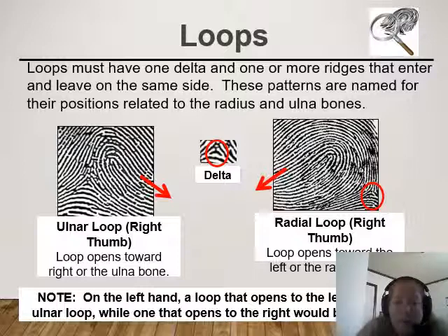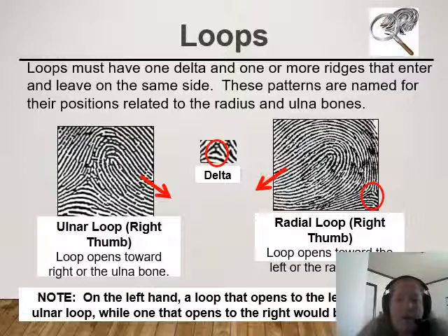So here you see in the middle what a delta is. It's like its own little line or a piece of a line. Okay, so the right thumb, this one right here, has an ulnar loop in this picture. The loop opens toward the right or the ulna bone.